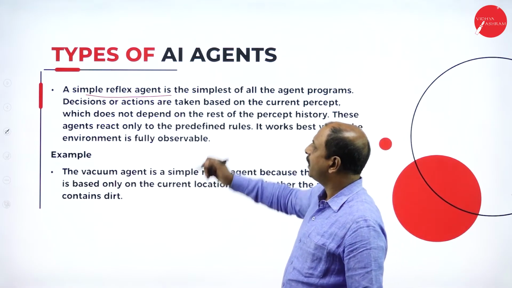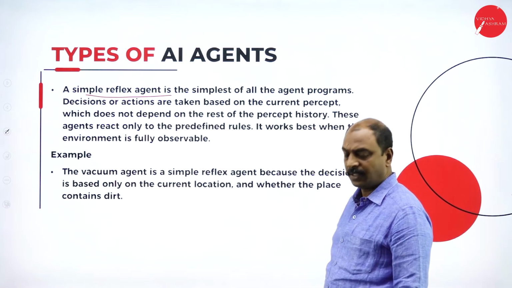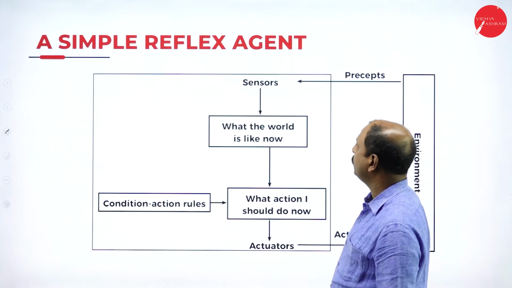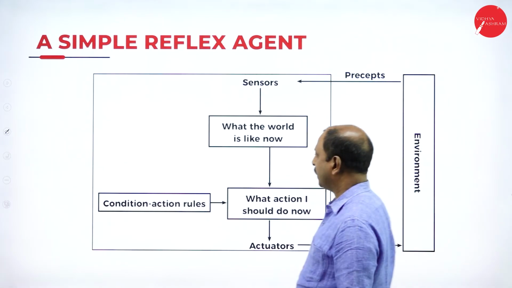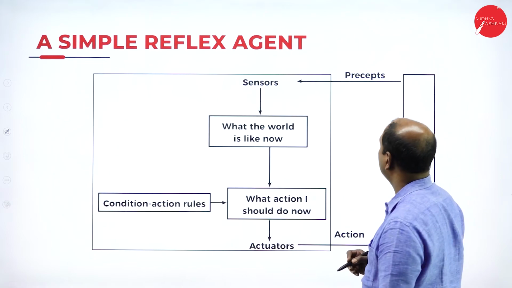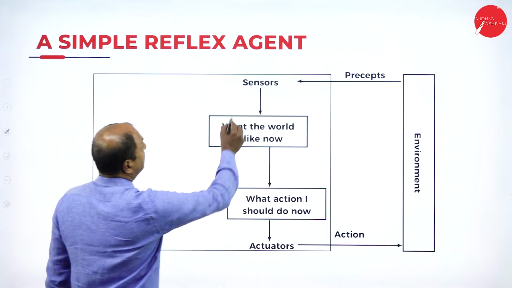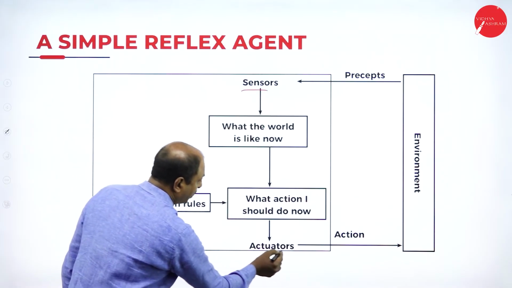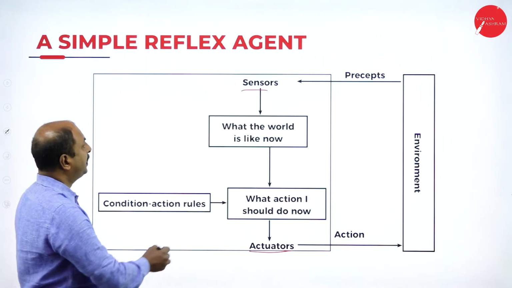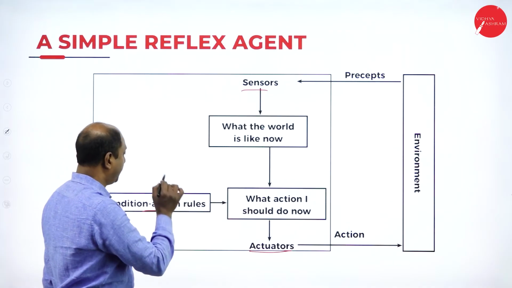It is one type of AI agent. Before that, let me tell you what an agent is through this diagram. This AI agent comprises sensors and actuators, and here it has some predefined conditions.